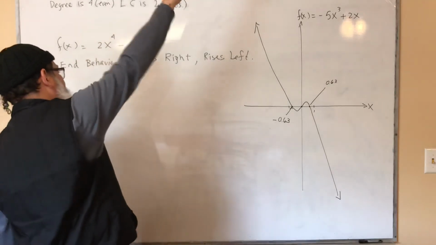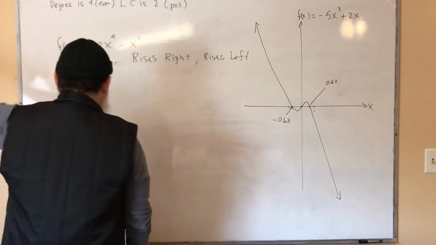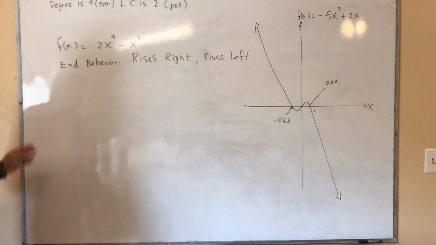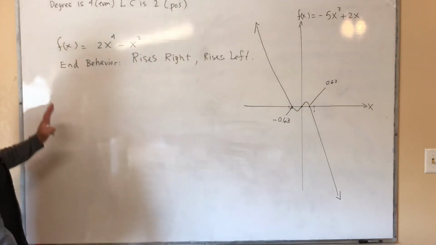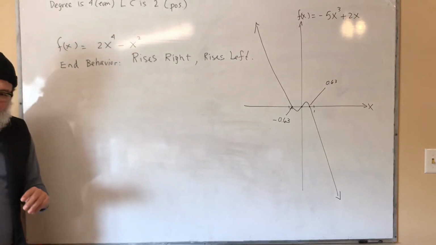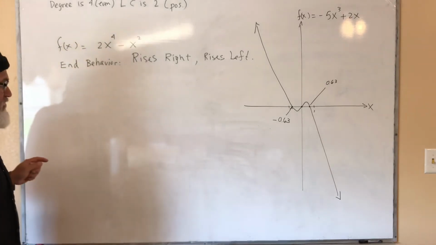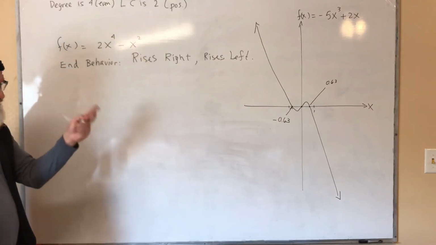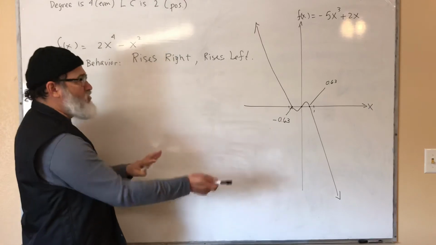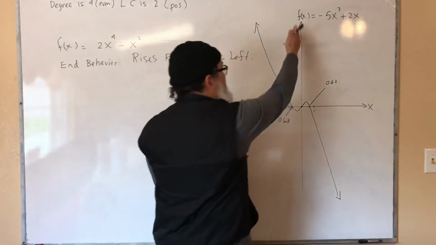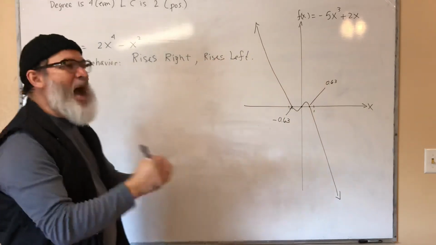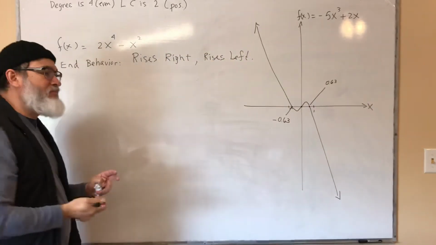Up to the right, up to the left. That's its end behavior. Question, is this function even? It's not odd. I know that already, because it's not going to repeat itself in the opposite direction from the y-axis.